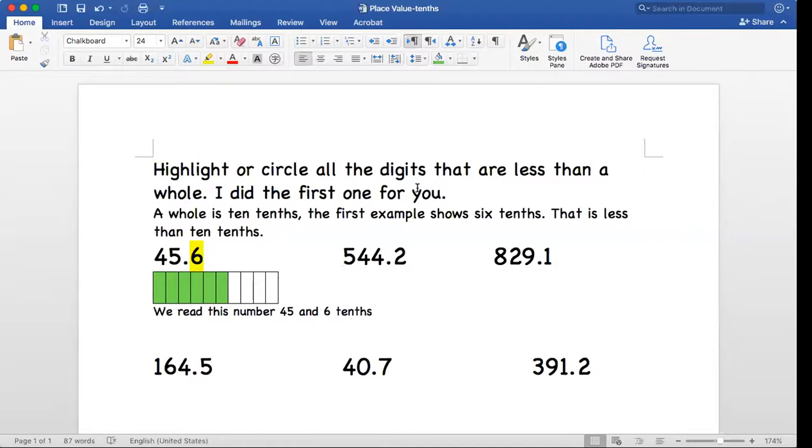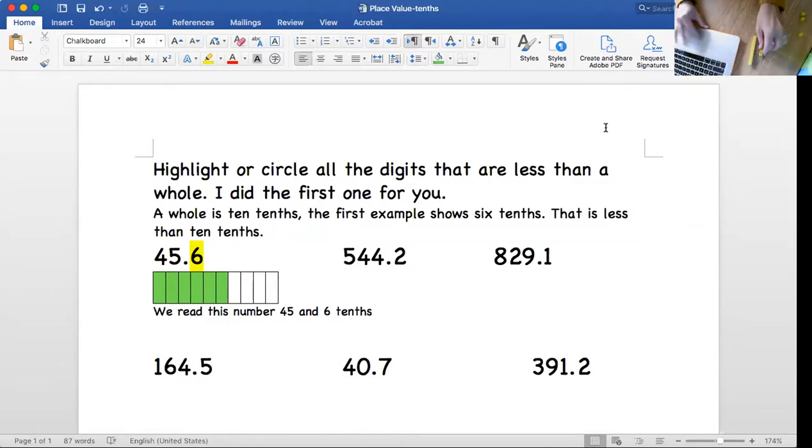I did the first one for you. A whole is 10/10, just like I told you when we were talking about that rod. This is 10/10, that's one whole. The first example shows 6/10, and I highlighted that in green. There's 6/10. It's not quite a whole yet.